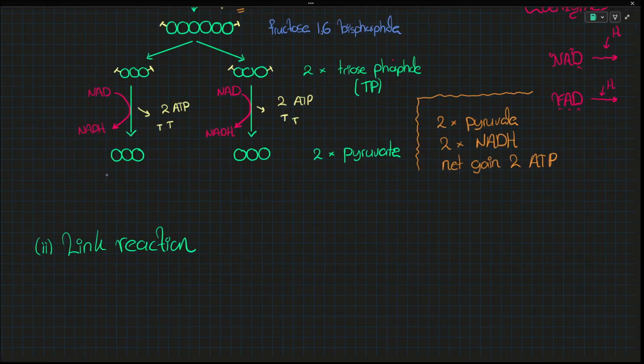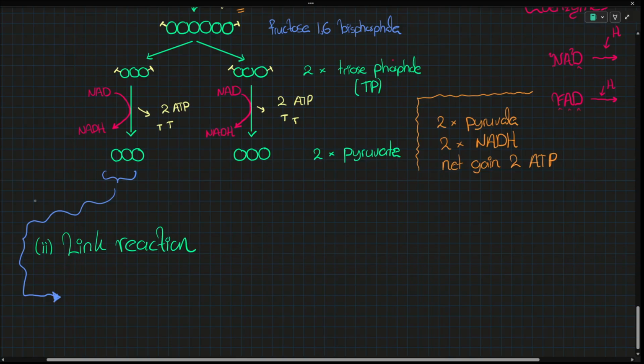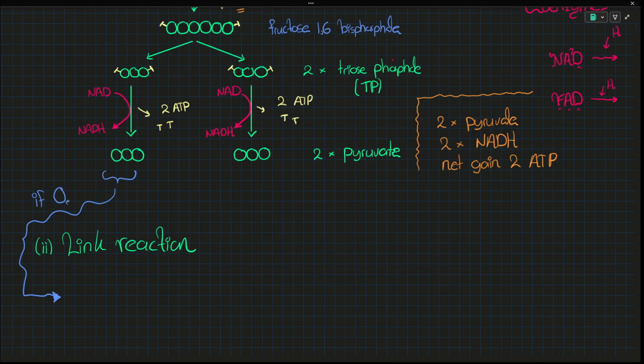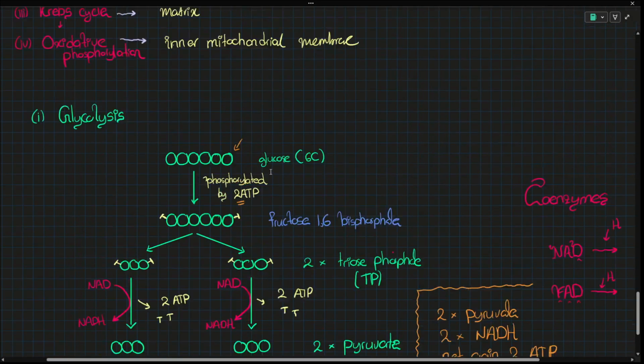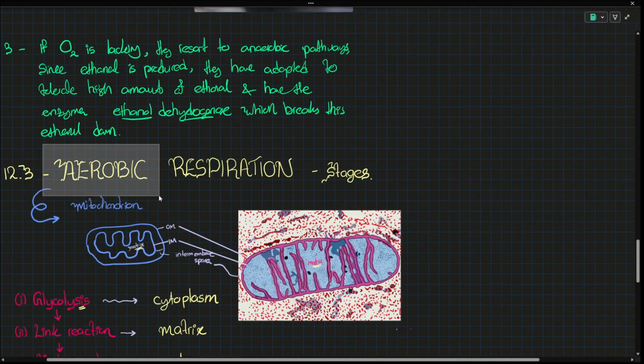The only way that you can move on is if, a little bit of ICT here, if O2 equals true. What does that mean? It means you can only move forth with the link reaction and the Krebs cycle if oxygen is available, in other words, if conditions are aerobic.